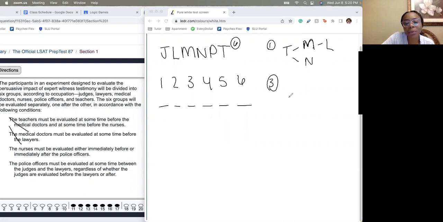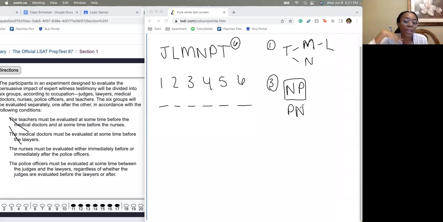So instead of doing just a line like N dash P, or P dash N, I would maybe do a box or something that would hold them together, just because it's different.